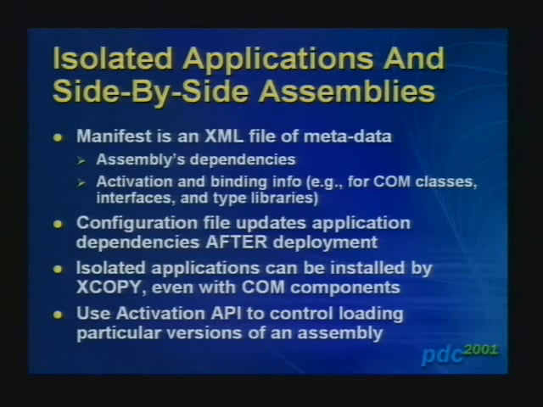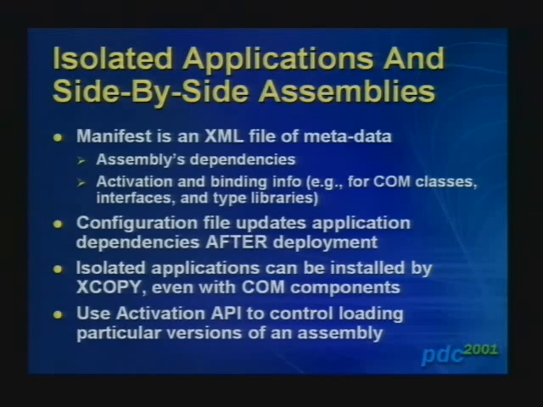And finally, what's really important for having your applications work well is that if you isolate your application, you can actually use Xcopy to install it. You don't have to register your COM controls as long as your manifest declares those COM controls.